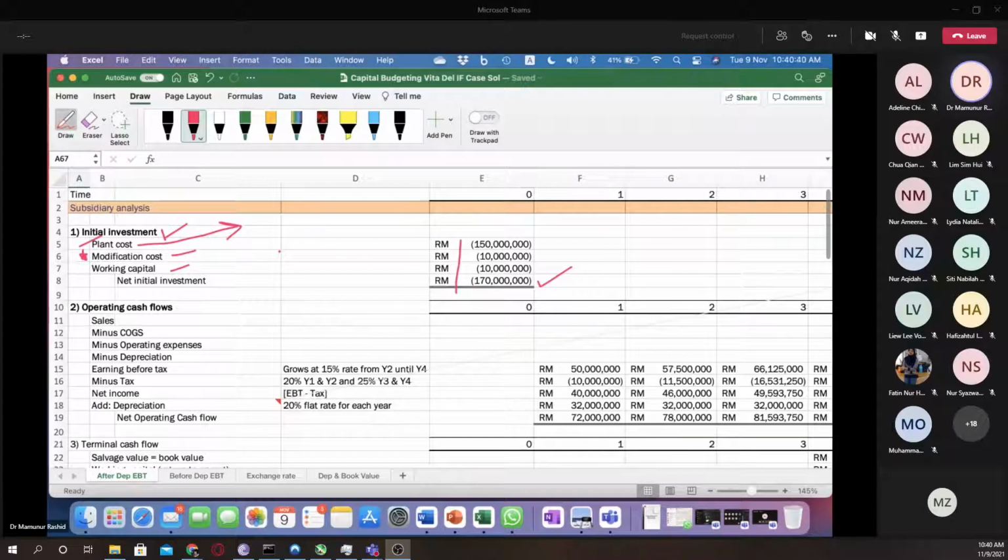For example, if this company's machine is a mobile phone manufacturing machine, then this machine modification cost might be included in the calculation of depreciation. So we'll go through it and show you how it is calculated.